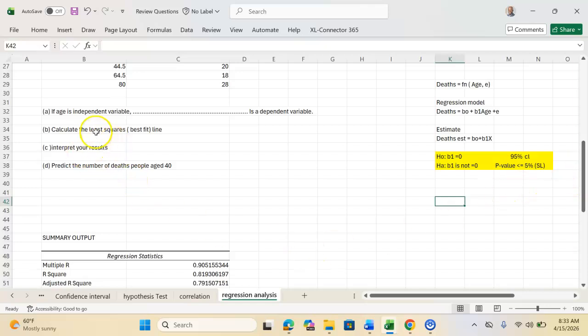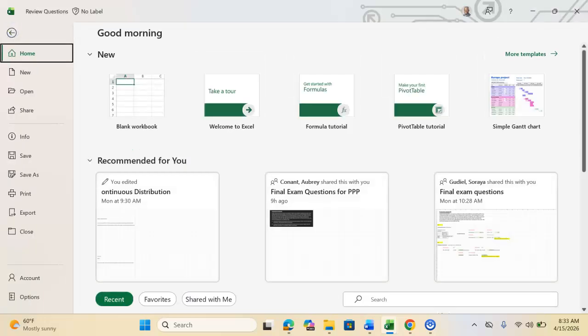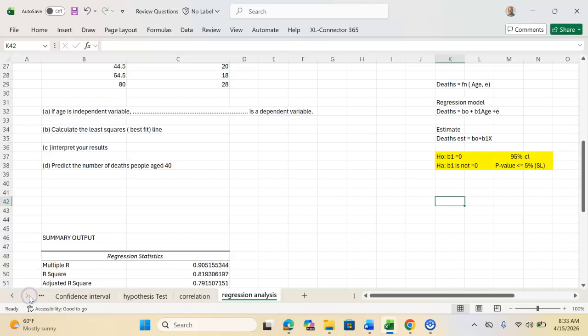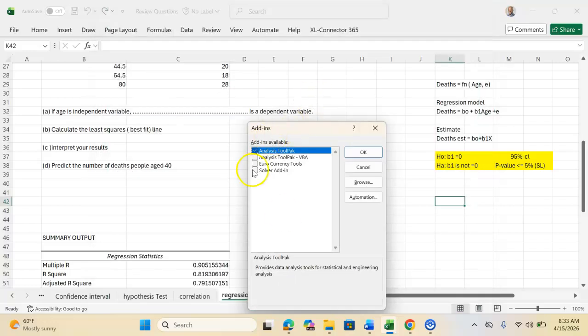The next thing is to run regression, and you can remember how to do this. Click on Data to see if you have Data Analysis. If you don't have that, go to File, click Options, Add-ins, click Go, and make sure you check the box Analysis ToolPak, and click OK.